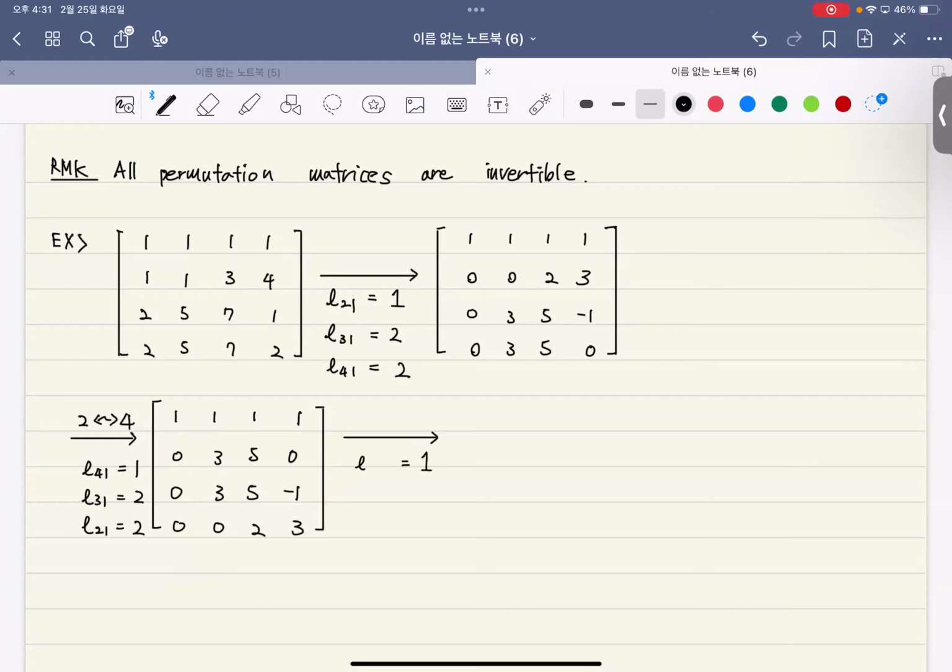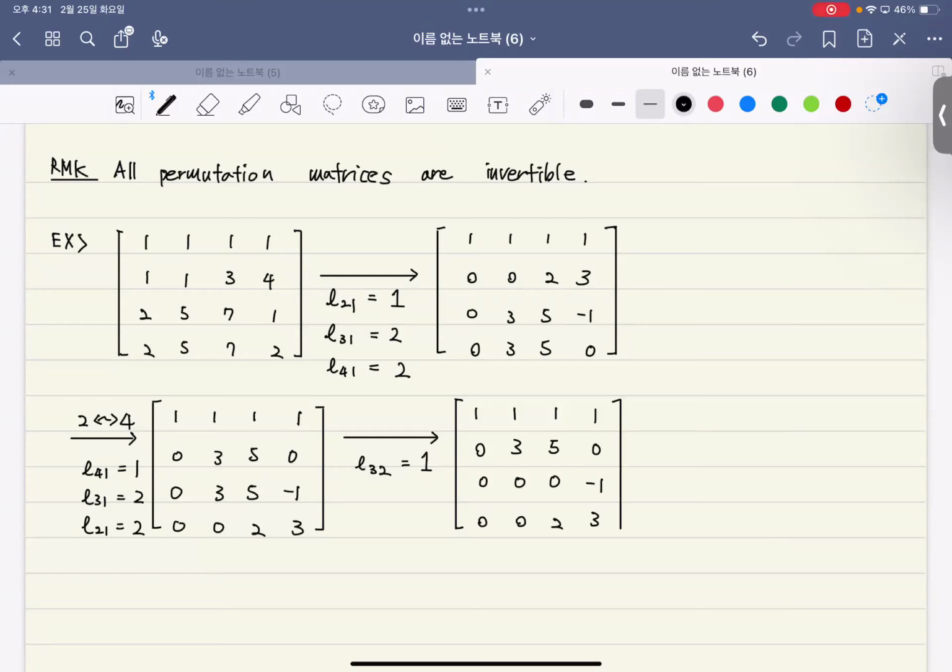So that means it has to be plus 1, -2 to the second, and add it to the third. So L32 must be 1. And I have 1, 1, 1, 1, 0, 3, 5, 0, 0, 0, 0, -1, 0, 0, 2, 3.